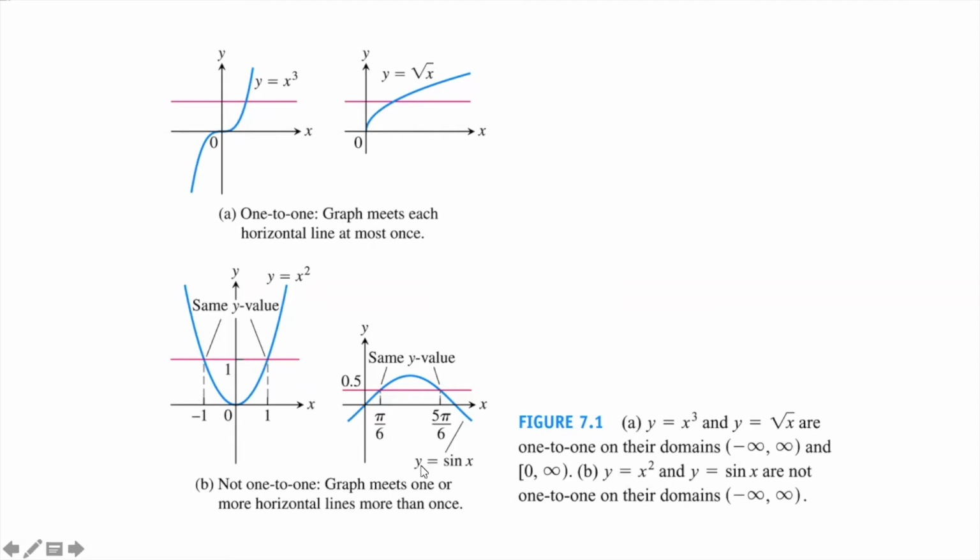Same thing for y equals sine x. The sine of pi over 6 and the sine of 5 pi over 6 are both 1/2. So this is not a one-to-one function. Notice that the horizontal line passing through that graph intersects each graph twice. So that also makes it not a one-to-one function.